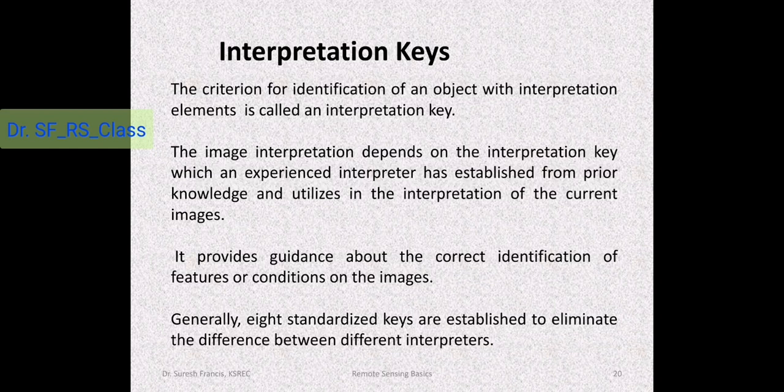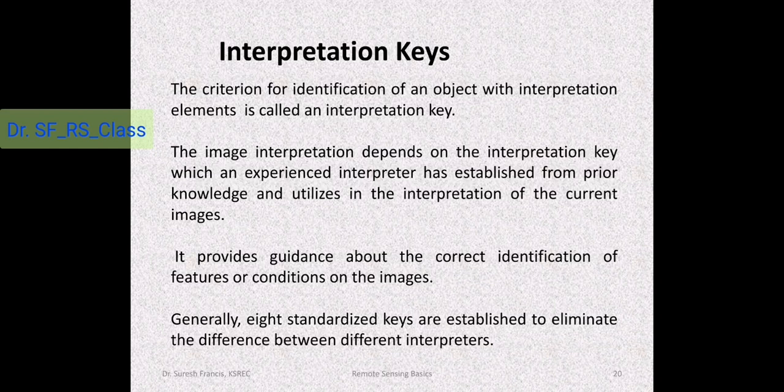The interpreter, or the domain expert, will have information on the terrain. He will be familiar with the terrain and with similar earlier images, and if he is going to interpret a new image, the interpretation will be easier and seamless. You will be able to identify more objects and more features from the same satellite data of a different time. So it provides guidance about the correct identification of features or conditions on the images.